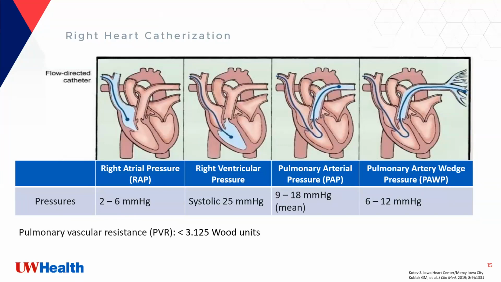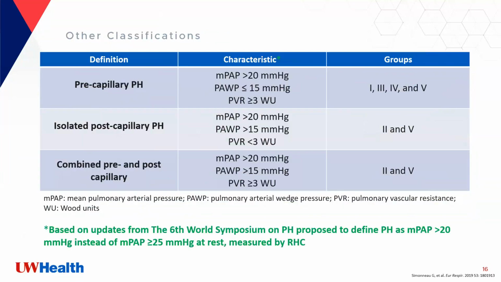So it makes sense that if the pressures in pulmonary arteries are elevated, we will have a lot of symptoms as well as worsening of heart function, and also worsening of lung function as well.